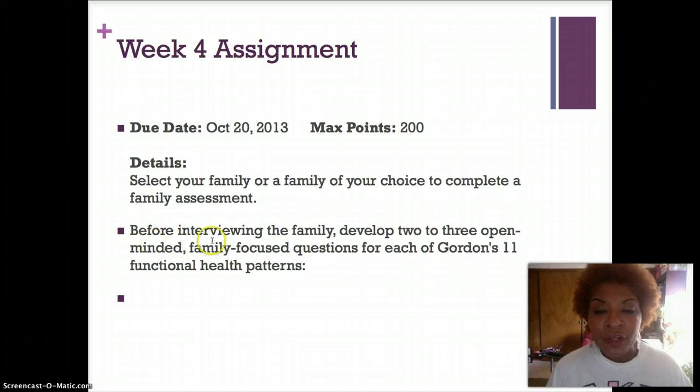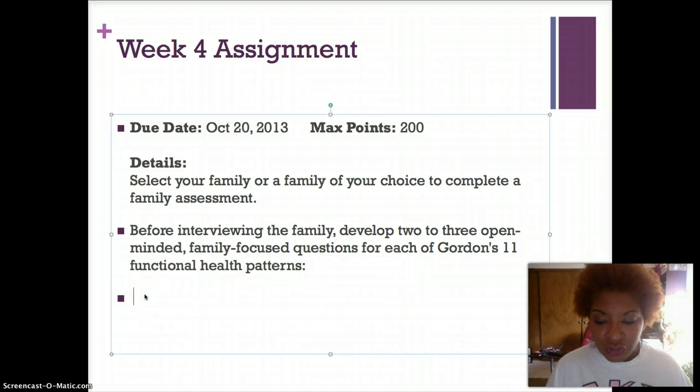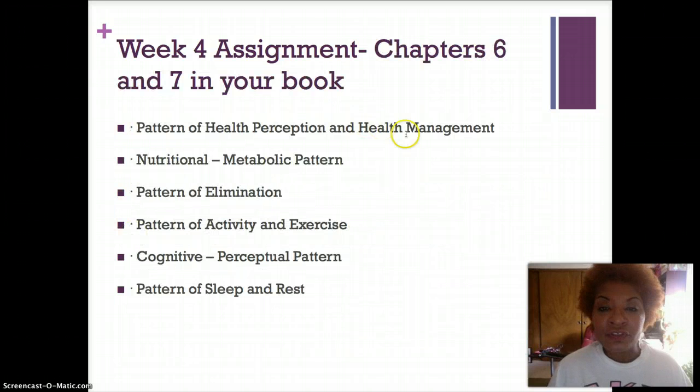Before interviewing the family, develop 2 or 3 open-ended family-focused questions for each of Gordon's 11 functional health patterns. So if you go look at your book, chapters 6 and 7 outline Gordon's functional health patterns.